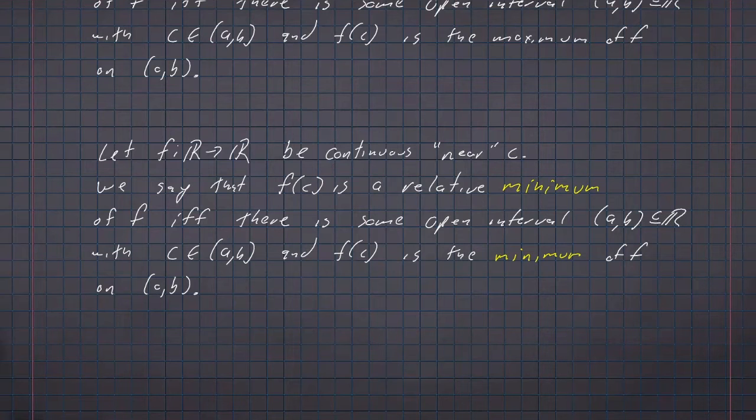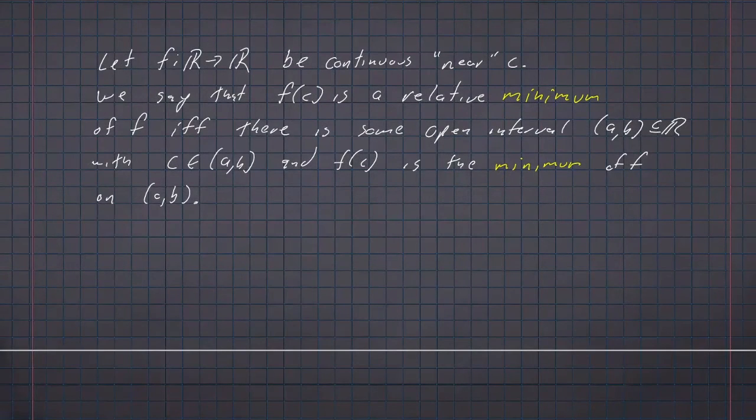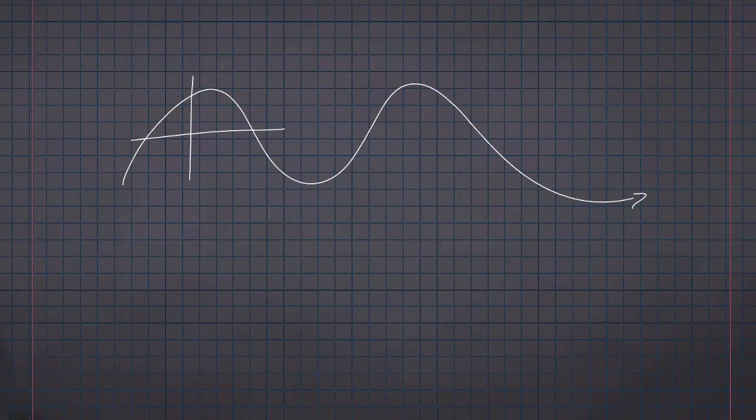So the idea here of a relative maximum or a relative minimum is the idea of maximum and minimum that you are introduced to in algebra in discussing the graphs of functions. If you think about a generic polynomial's graph, you might see a function that looks, that was horribly ugly.